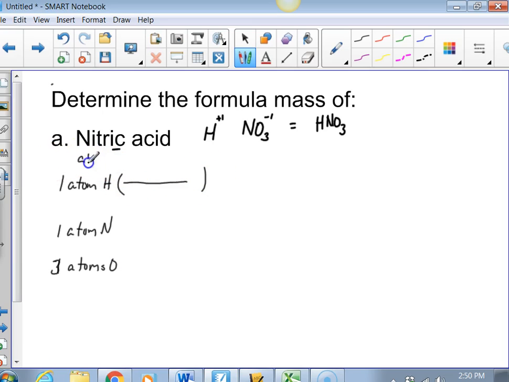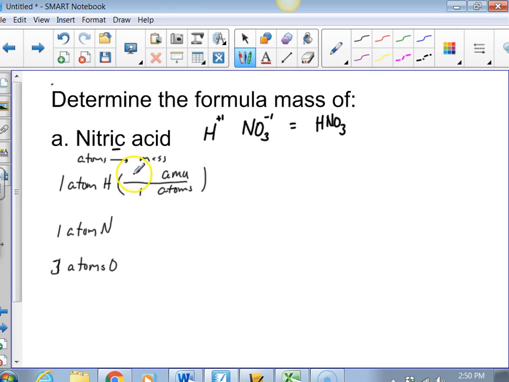So we have atoms, then we go to mass. To do this conversion, we need a relationship between a number of atoms and a mass. For formula mass, the mass is in AMU.